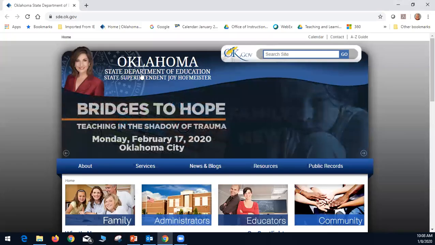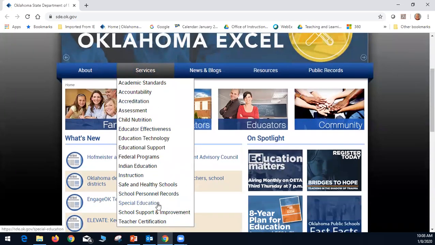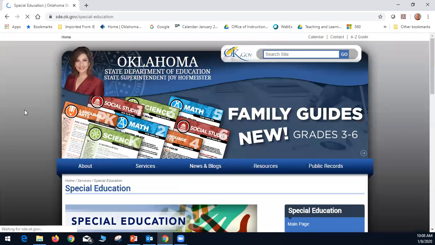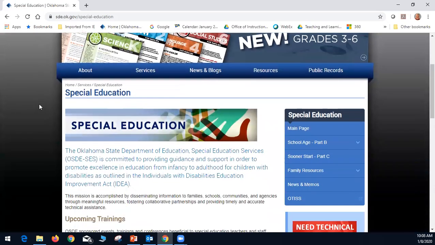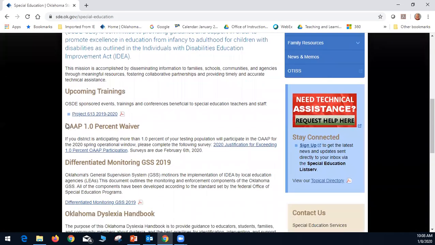So here is the special education homepage. If you go to services, special education, this will take you to our special education homepage. And on the homepage, you'll see the heading OAP 1% waiver.